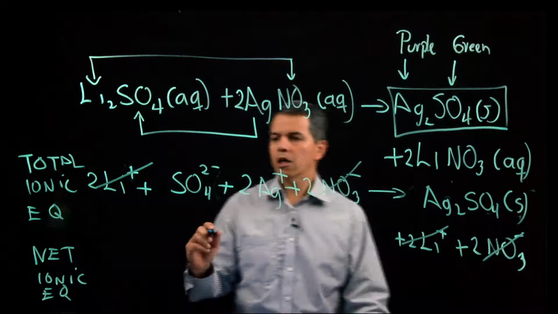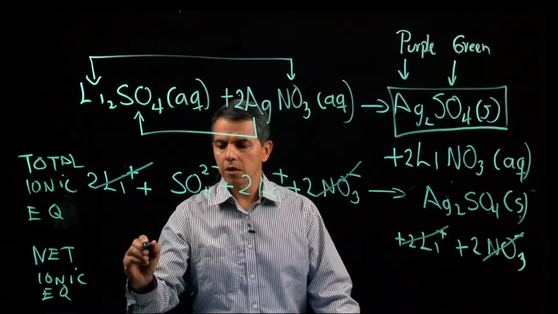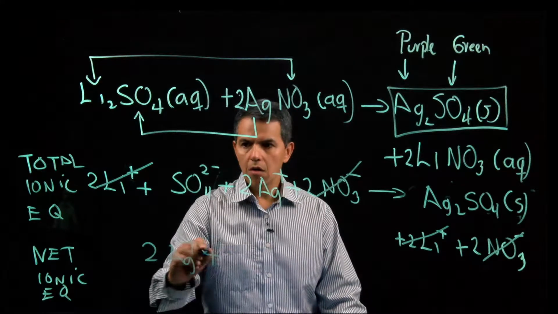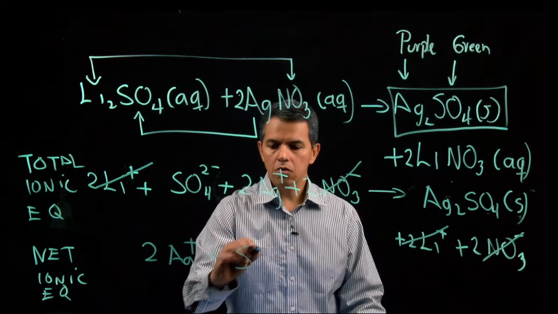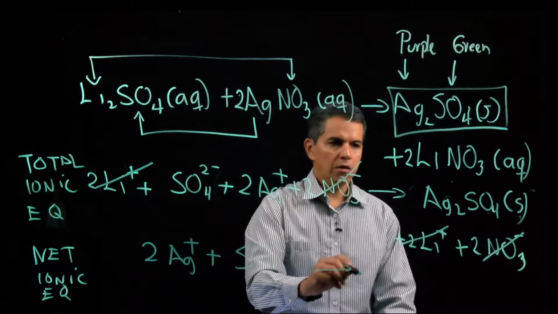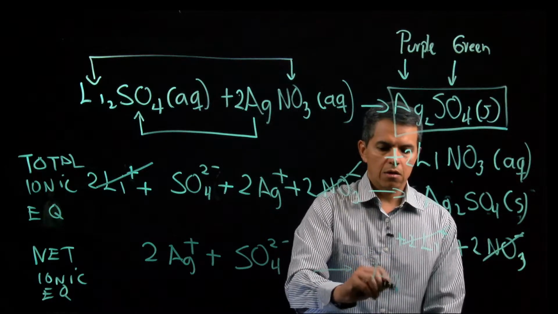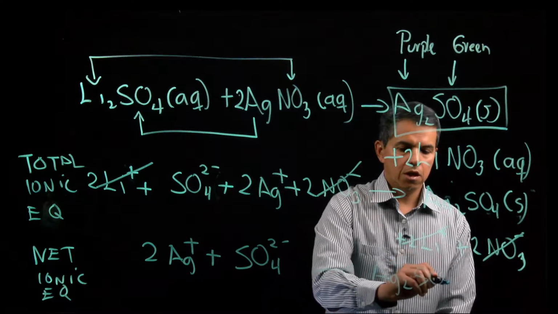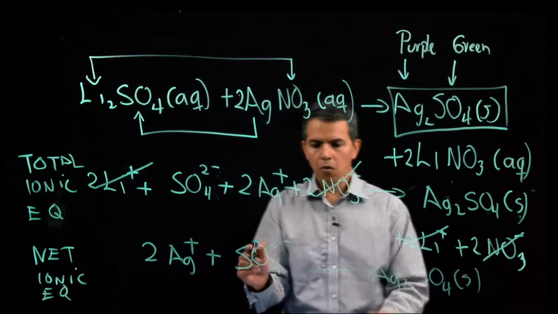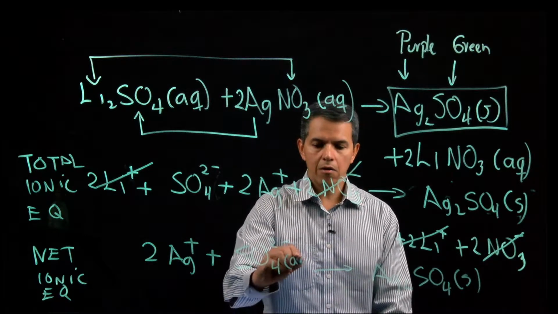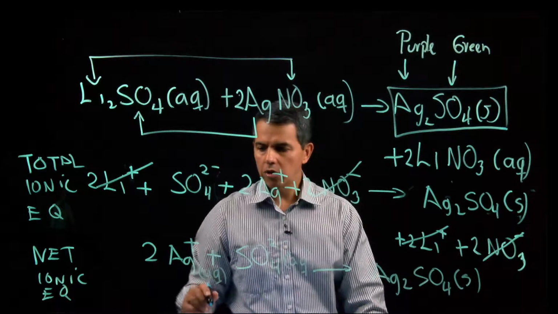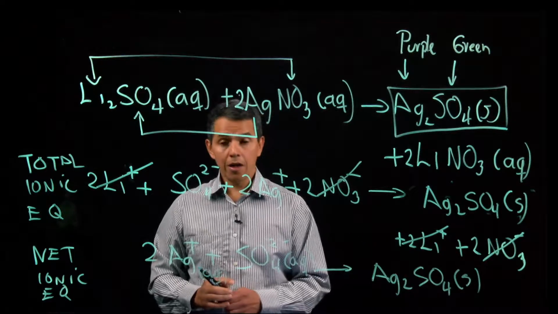So the net ionic equation will include then silver ions plus sulfate to yield silver sulfate. And since we have more room now, we can actually add here aqueous to both sides. So that is part A.